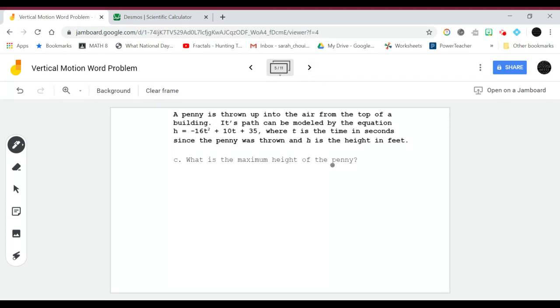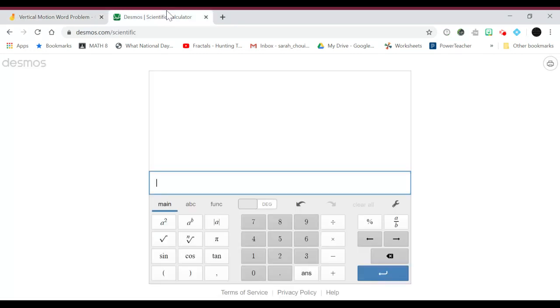And then they want to know what is the maximum height. So we know max, again, is the vertex, and the height is the y-coordinate of the vertex. To find that, we're going to replace t, the time, with the time it takes to get to the maximum height, which is what we just found in the last problem. Let's see what our calculator gives us when we do that.